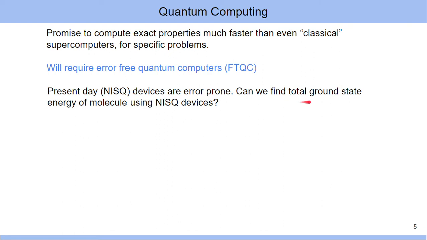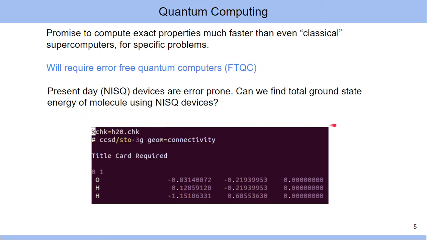Thus, the aim in this project was to find out whether one can obtain ground state energies of a molecule using such NISQ devices. This is important because when one knows the procedure to find the ground state energy in NISQ devices, it can be easily implemented on fault-tolerant quantum computers when they become available.